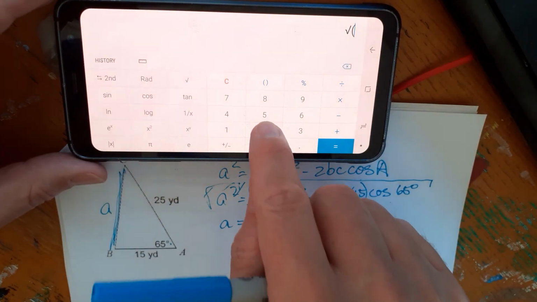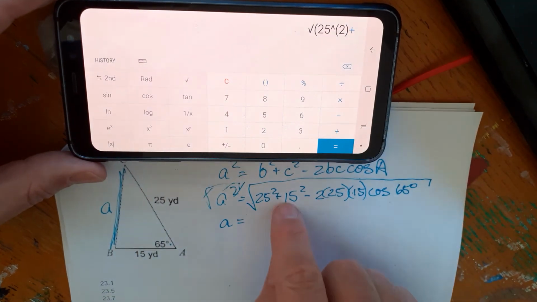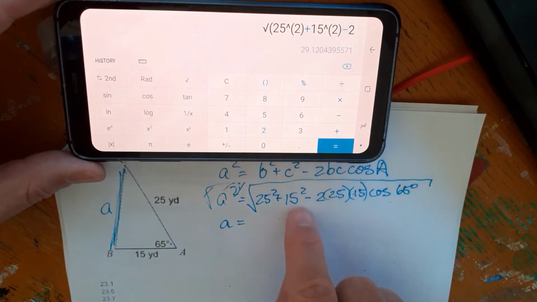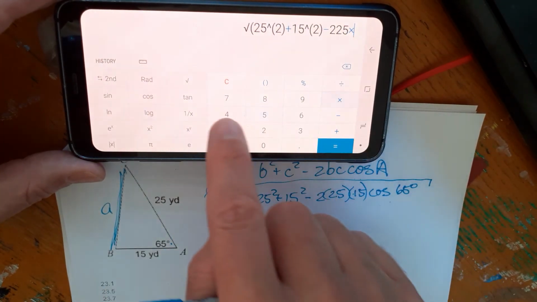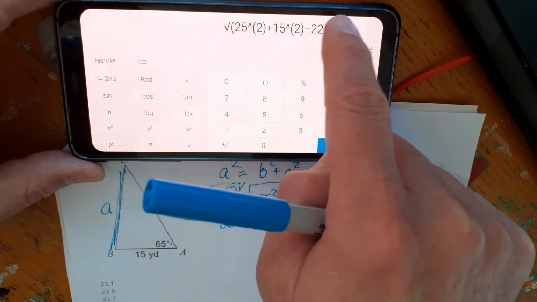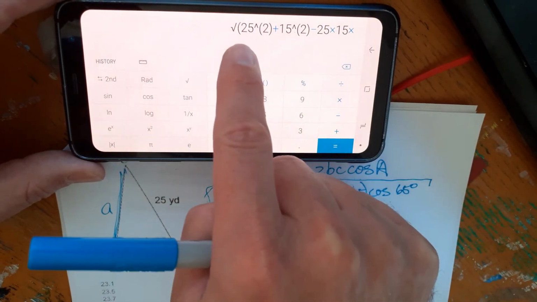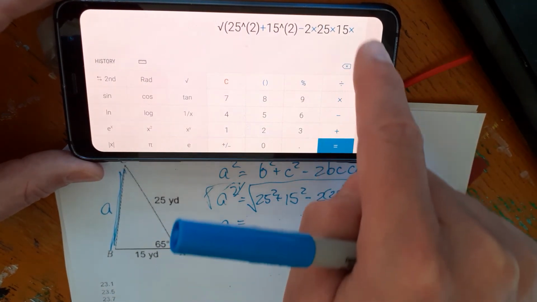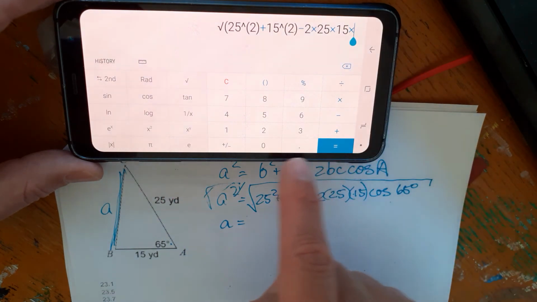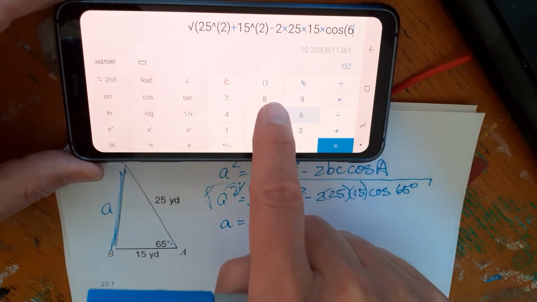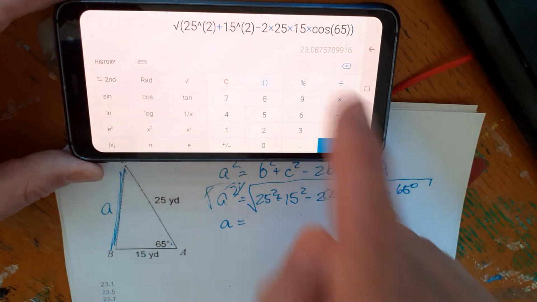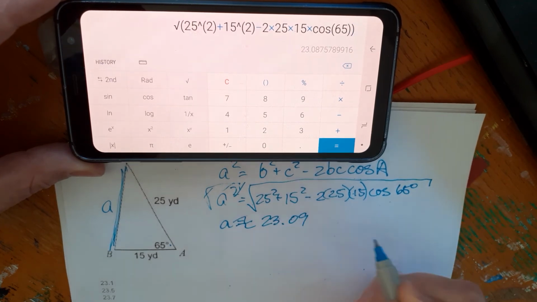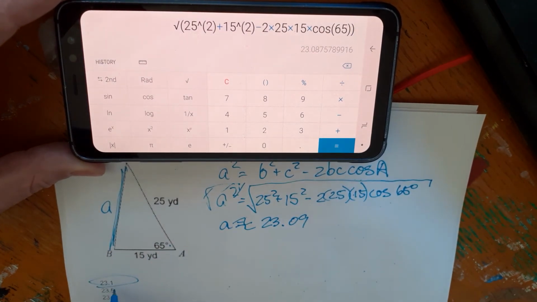And let's say 25 squared plus 15 squared minus 2 times 25 times 15 times cosine of 65. Parentheses and parentheses, 23.09. So A is approximately equal to 23.09. And there you go, 23.09 looks like 23.1 to me.